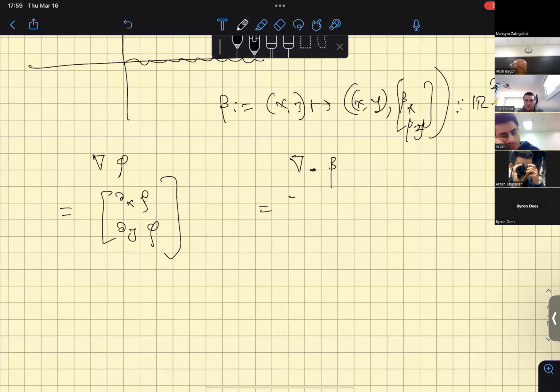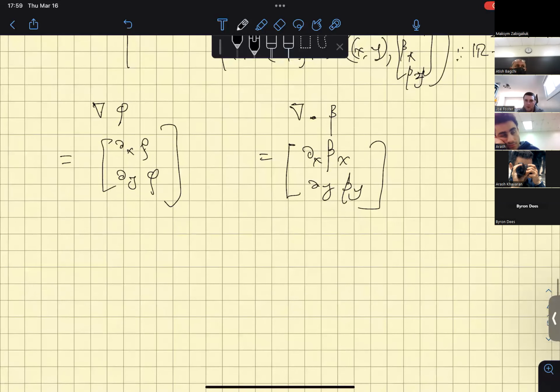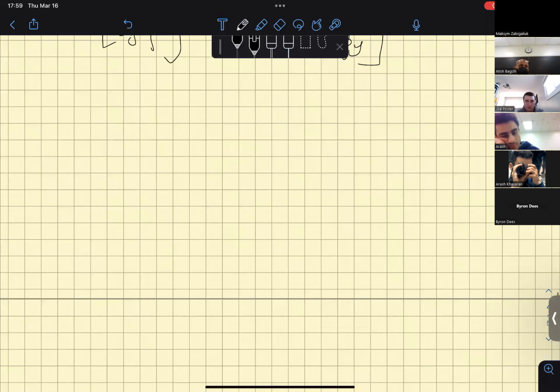This will be equal to del x beta x plus del y beta y. Now, to convert that into the r theta coordinate system is a bit tricky. You have to use the chain rule over and over. Clear? Okay, now I have two integration problems.